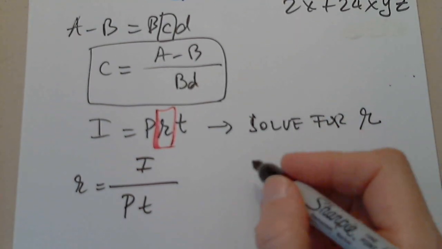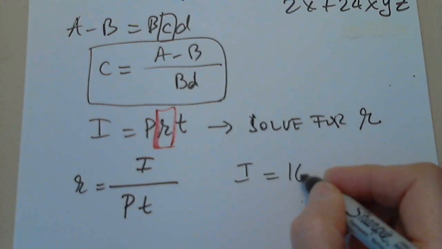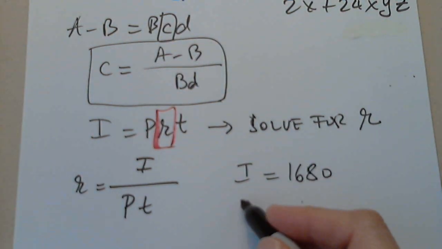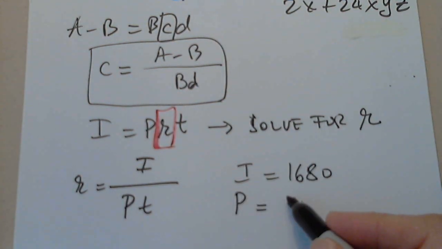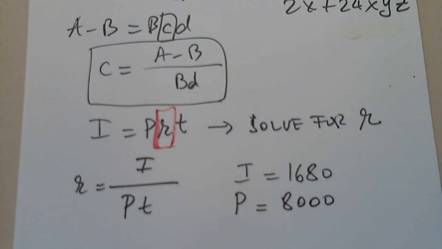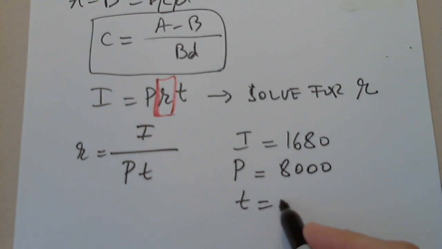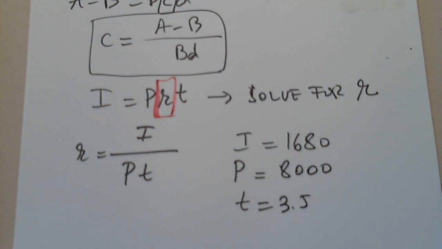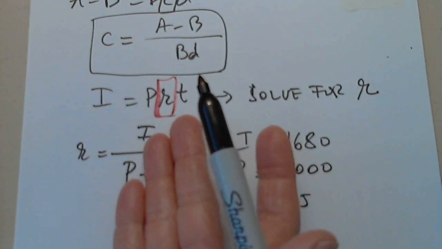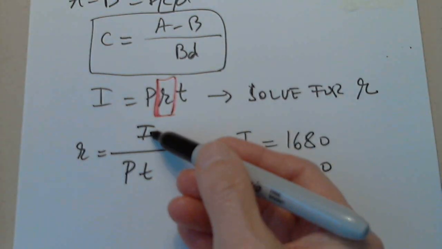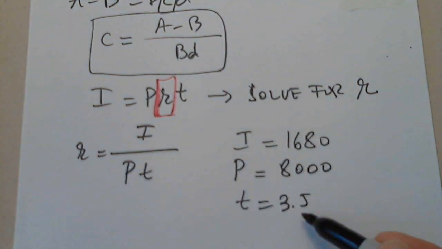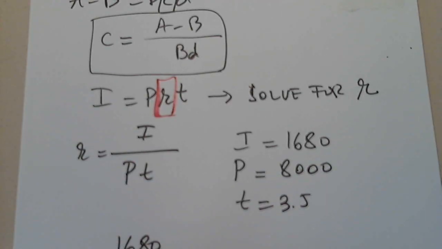Now they're giving us I as 1680. They're giving us P as 8,000, and they're giving us T as 3.5. Can I find R? Yes, because I solved the model for R. I will plug in P, I will plug in T. So R equals 1680 divided by 8,000 multiplied by 3.5.